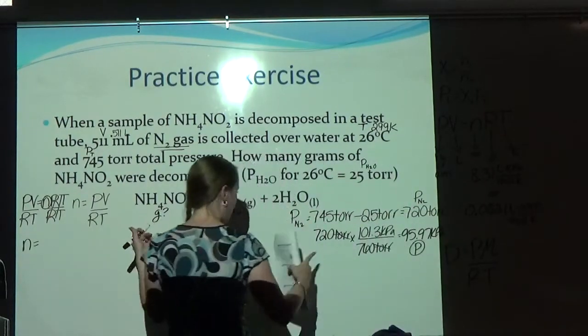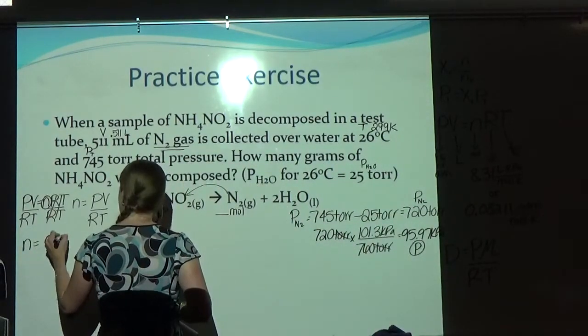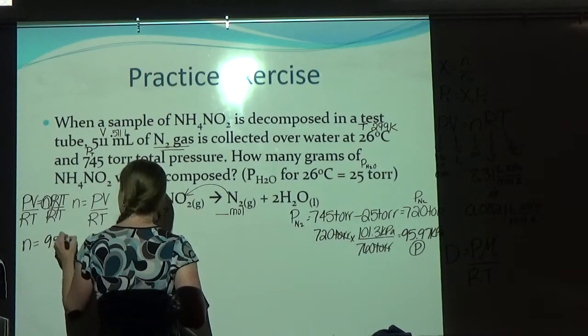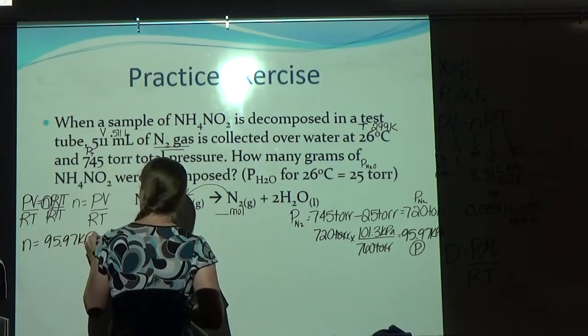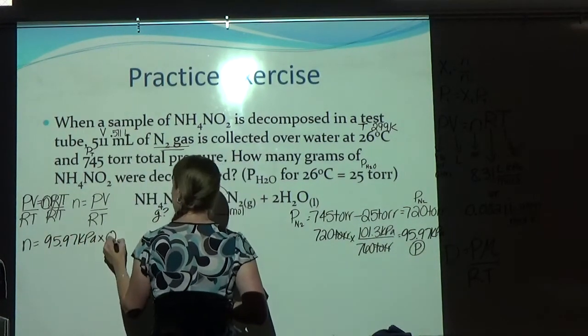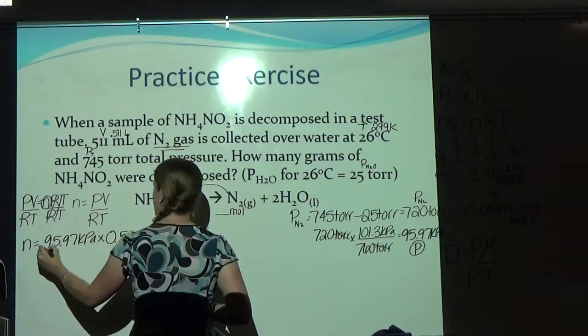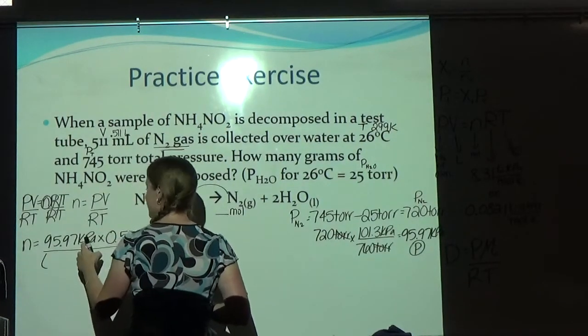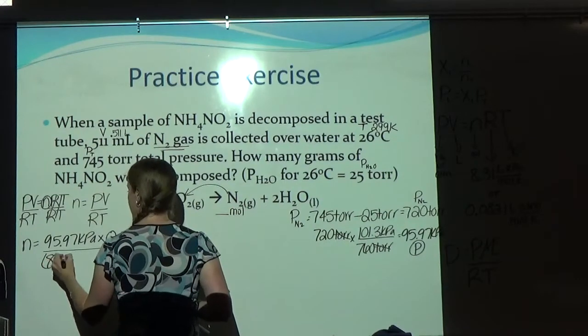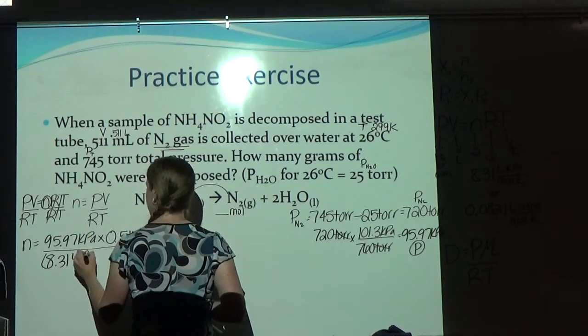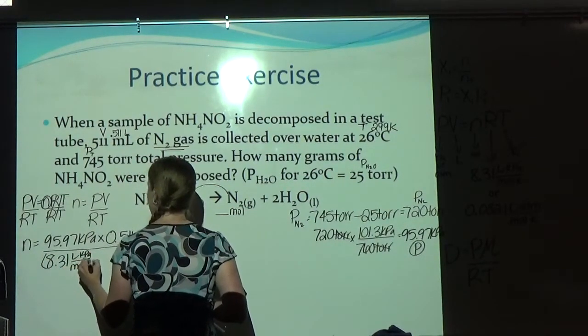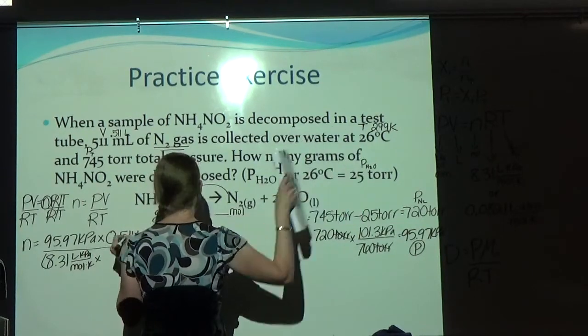All right, so I plug in my pressure, which is 95.97 kPa, times my volume, which is 0.511 liters, divided by my R, which since I chose to use kPa, I'm going to use 8.31 liters times kilopascals over moles times Kelvin, times my temperature, which is 299 Kelvin.